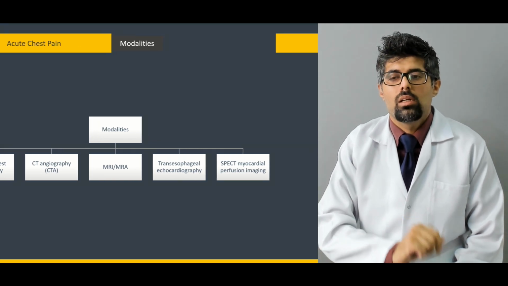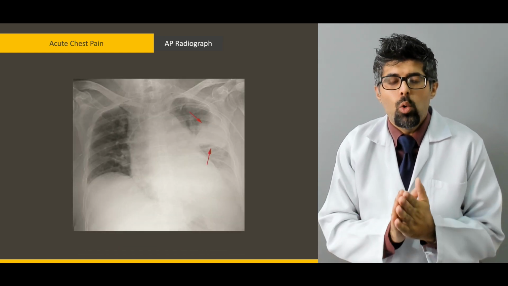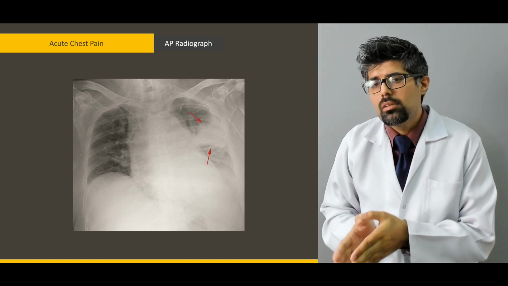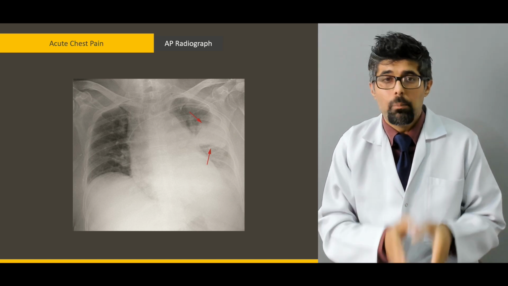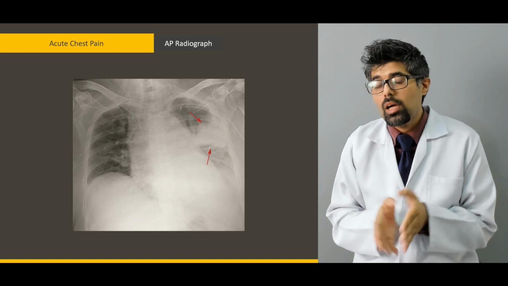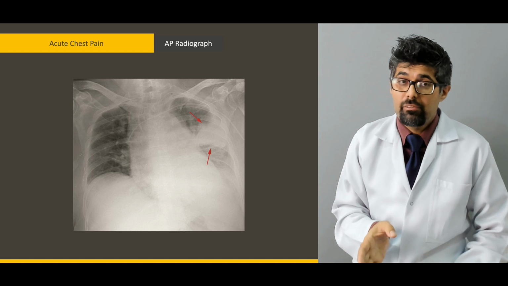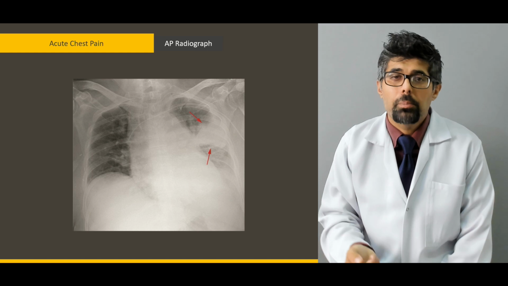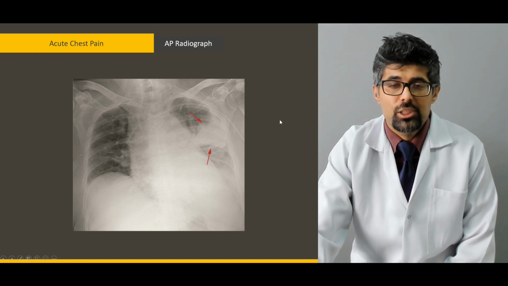So next we have the AP radiograph. Now, one of the common culprits of an acute chest pain is pulmonary embolism. Pulmonary embolism is a very life-threatening condition, but it also produces a very typical chest X-ray finding, called wedge shape.